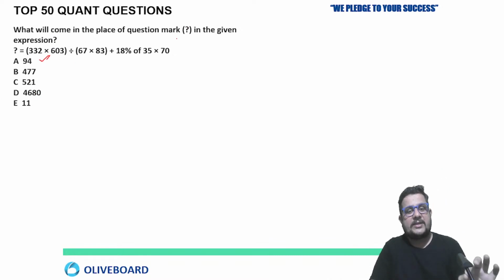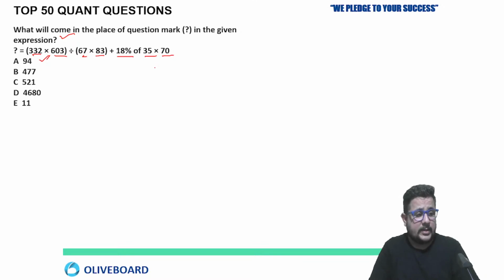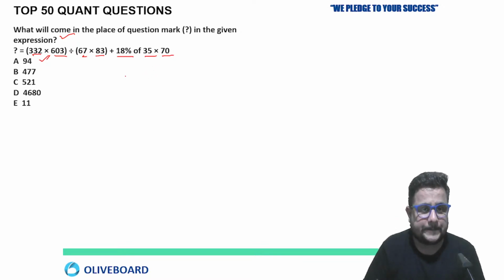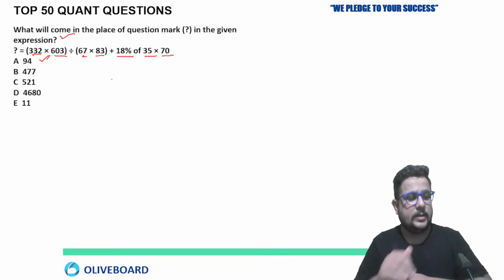What will come in the place of the question mark in the given expression? Question mark equals 332 multiplied by 603 divided by 67 multiplied by 83 plus 18% of 35 multiplied by 70. Tell me the answer, quick.